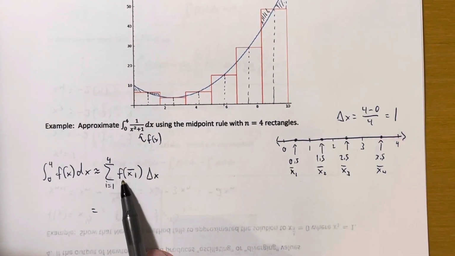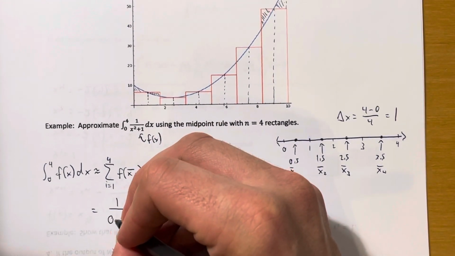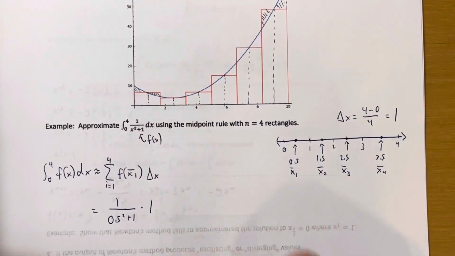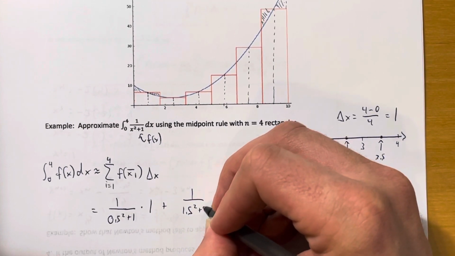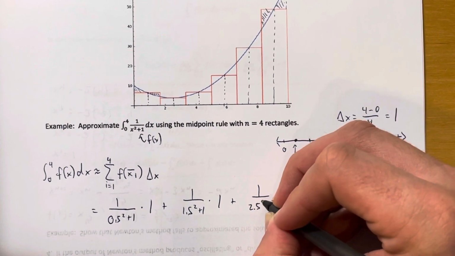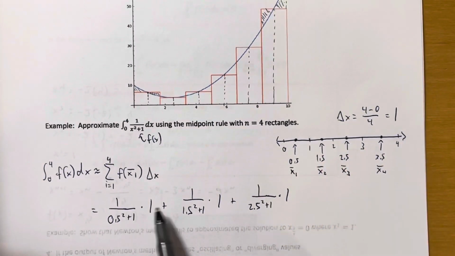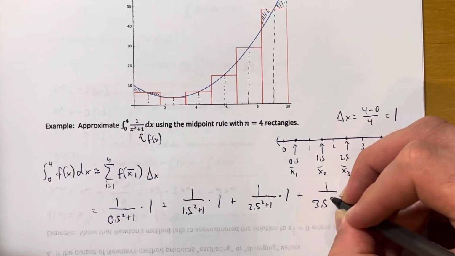This is equal to f of 0.5, so 1 over 0.5 squared plus 1 times delta x, which is 1, plus 1 over 1.5 squared plus 1 times 1, plus 1 over 2.5 squared plus 1 times 1. You don't really need to write the times ones in here, but I'm just doing that so you're not looking at this later and thinking, where did the delta x go? Plus 1 over 3.5 squared plus 1.